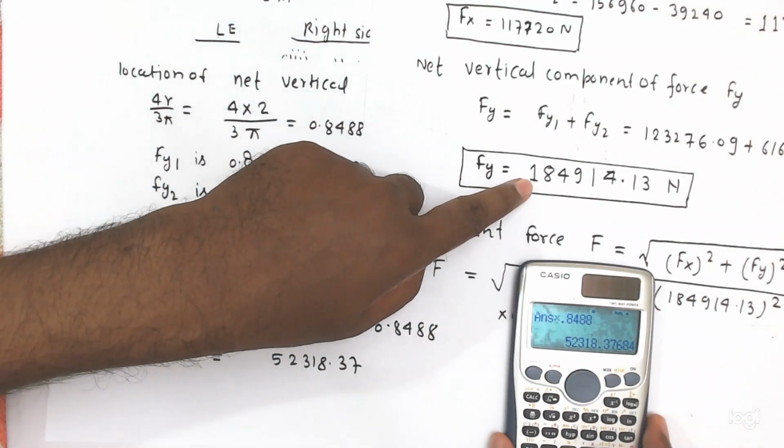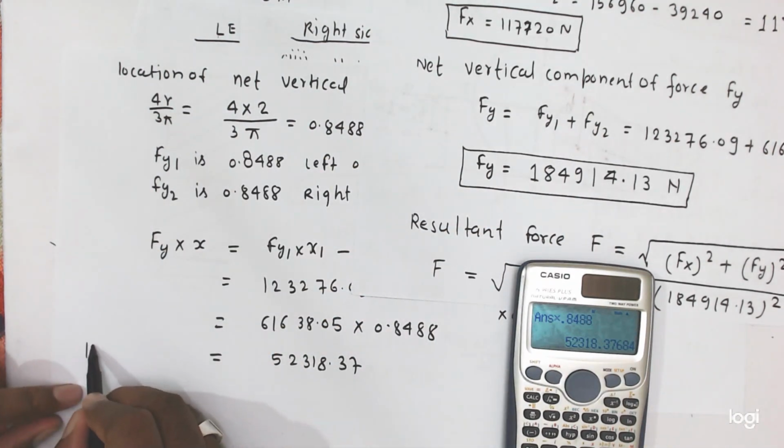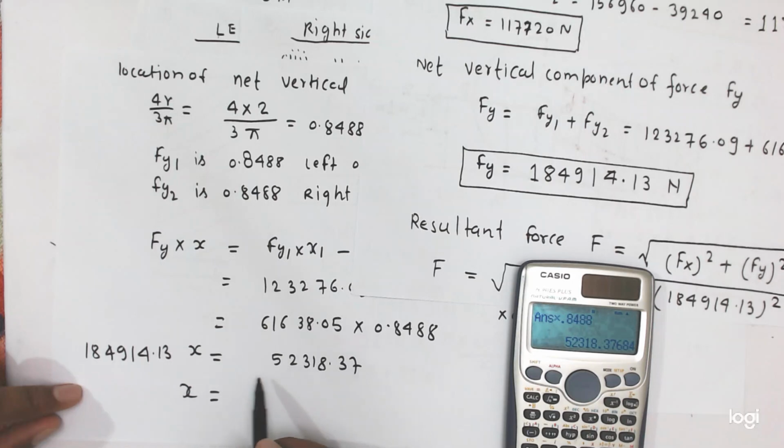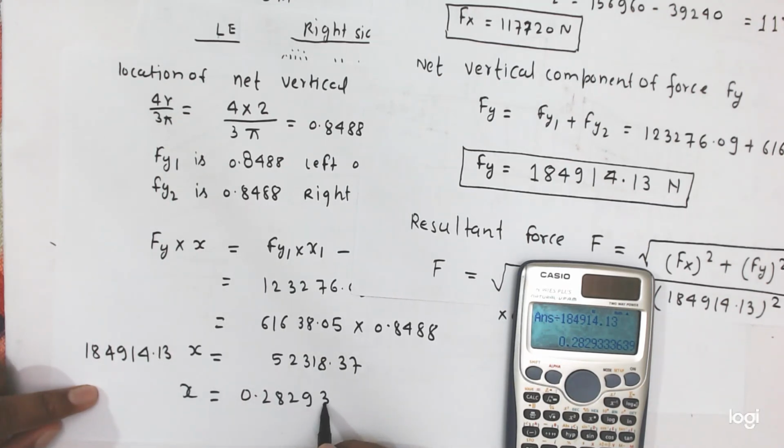Fy we know the value here. Net value is equal to 18,491.13 into x. So x value we can find by dividing by 18,491.13, and it will come 0.28293 meter.